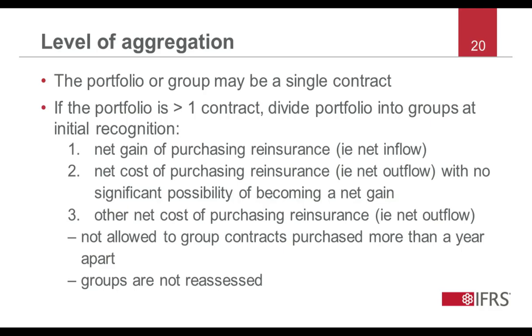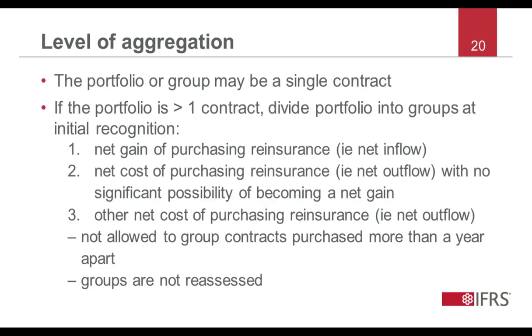The IFRS 17 level of aggregation requirements starts first with a portfolio of reinsurance contracts held. A portfolio is defined as contracts subject to similar risks and managed together. A portfolio is divided into groups of reinsurance contracts held that have, firstly, net gain of purchasing reinsurance at initial recognition, that is a net inflow.